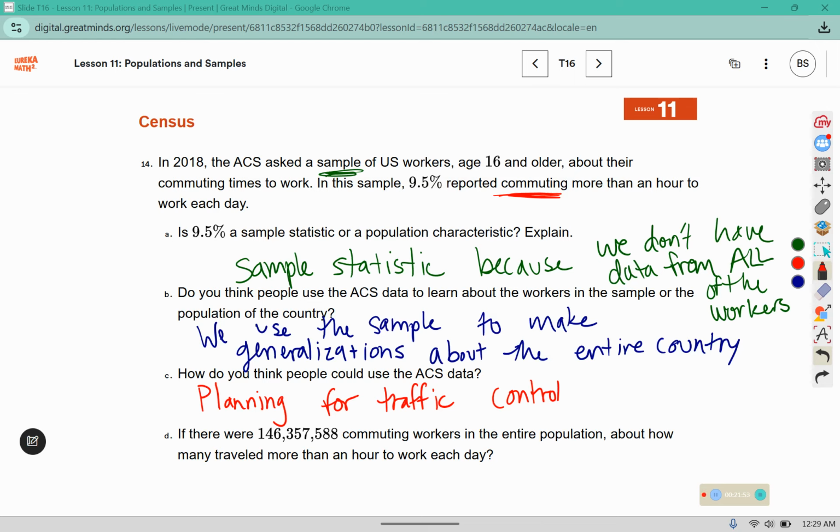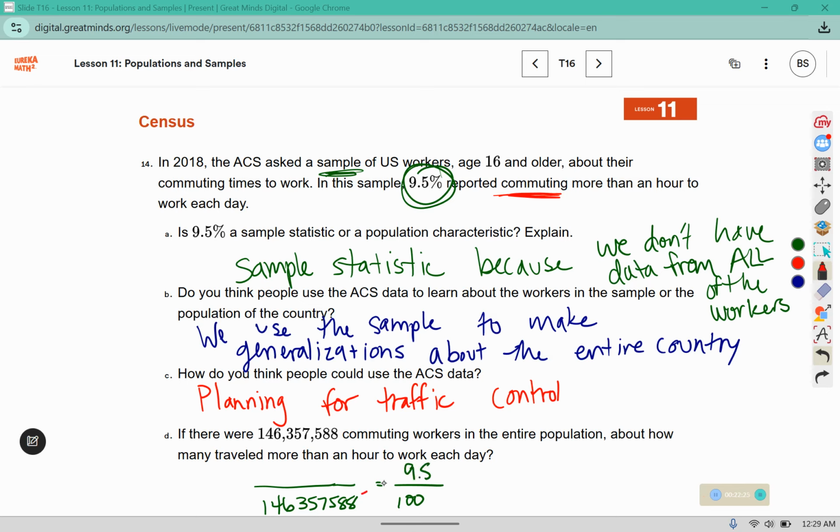D, if there were 146,357,588 commuting workers in the entire population, about how many traveled more than an hour to work each day? So that is the entire population. And the percentage that we had that commuted more than an hour each day was 9.5.